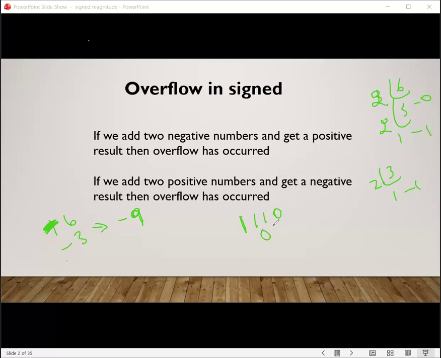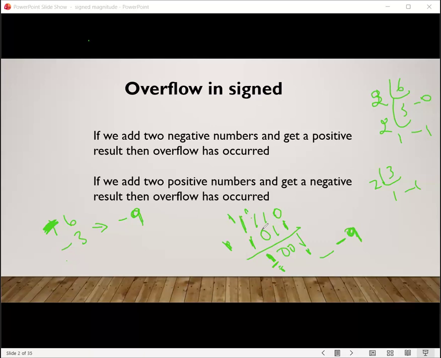For a negative number, 1. So, 1 carry. Okay, so the MSB is negative, so we get a negative answer. This is 8 plus 1, 9. So we get the correct answer, that is minus 9.